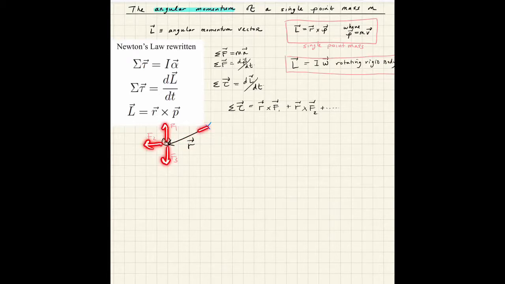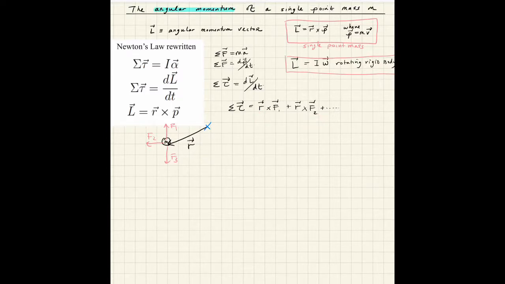It takes up no volume, so they're all going to have the same r vector when I go through and sum all the torques for a point mass. And so this would just be the addition of all of the torques, one for each force that acts.